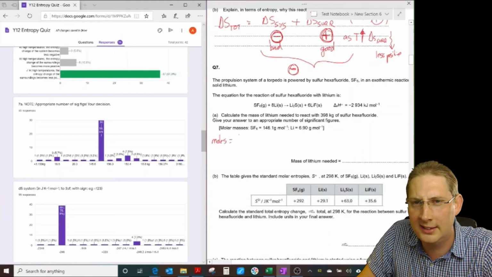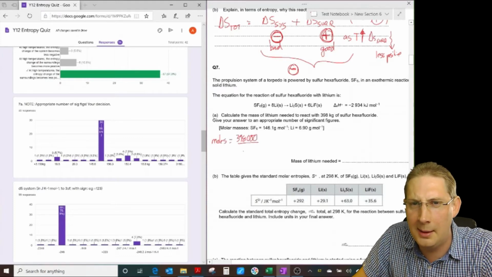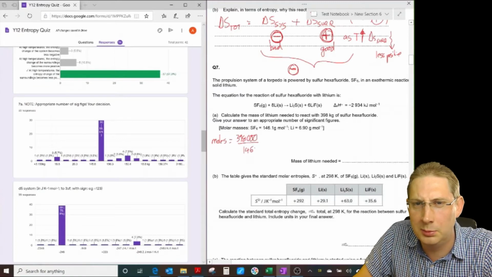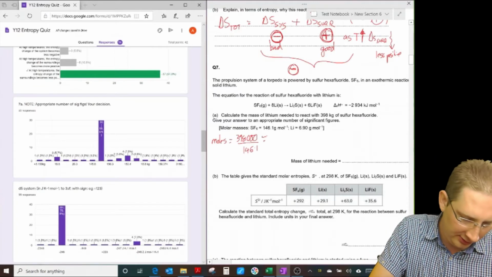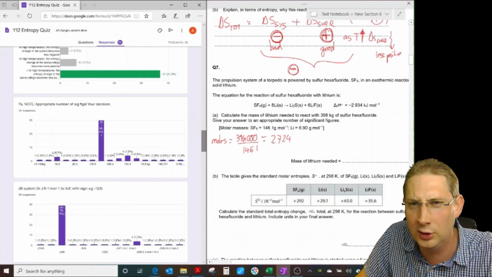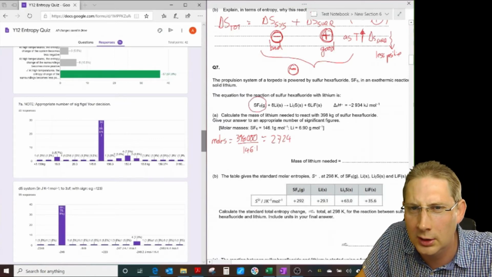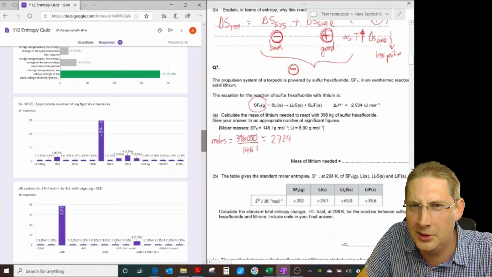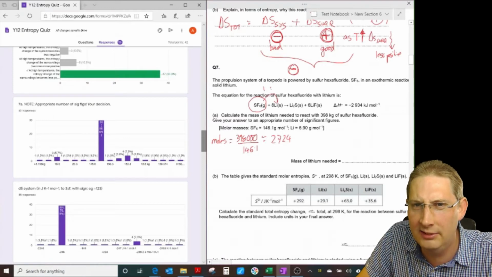Moles is mass, 398,000, divided by Mr, 146.1, which equals 2,724 moles of sulfur hexafluoride. Now it says the mass of lithium that you need. Well, it's a 1:8 ratio.